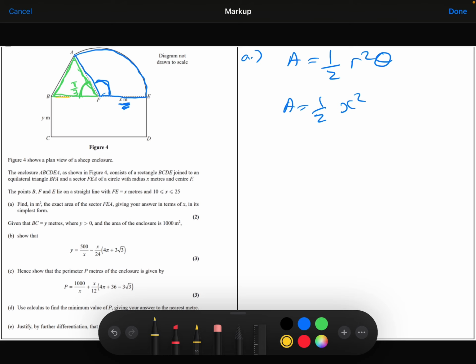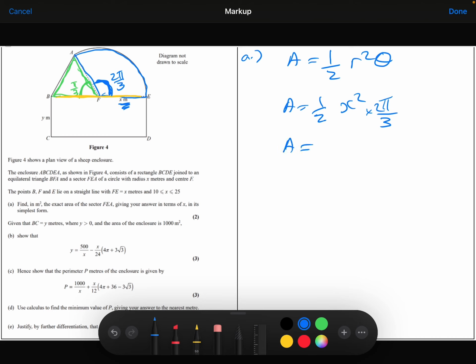So therefore, because we have a straight line here, the blue angle here will be 2 pi over 3 radians. And I know that because we have a straight line, so that adds up to pi radians. And pi, take away pi over 3, is 2 pi over 3. So the angle of the sector there is 2 pi over 3.